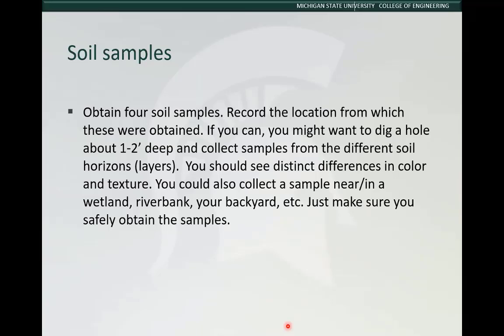It'd be nice if you have some soil that has distinct differences in color and texture, and that's why I said if you dig down, you'll see some differences in the soil horizons. So you'll see some differences with depth. You can sample along the riverbank, a wetland, your backyard. Just be safe when you obtain the samples.